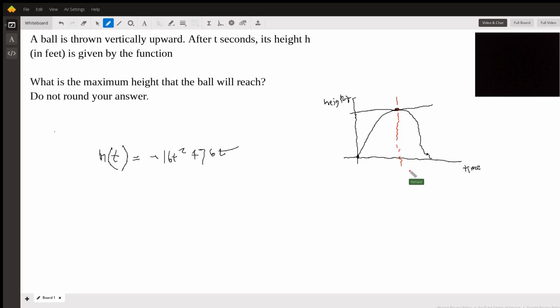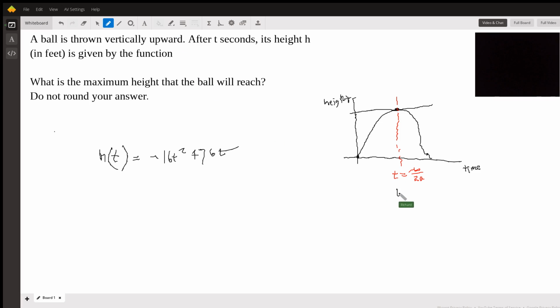So the equation of the axis of symmetry here is t equals negative b over 2a. Let's plug that in to the problem at hand.